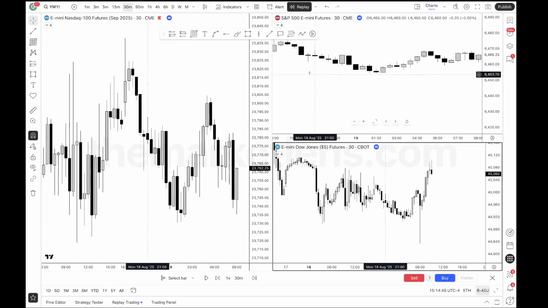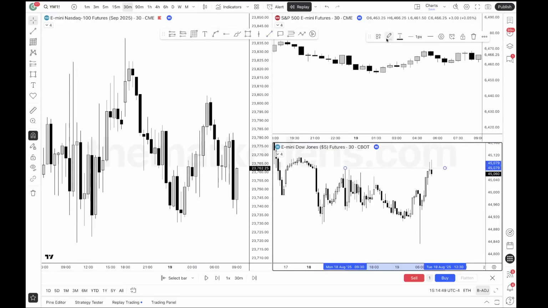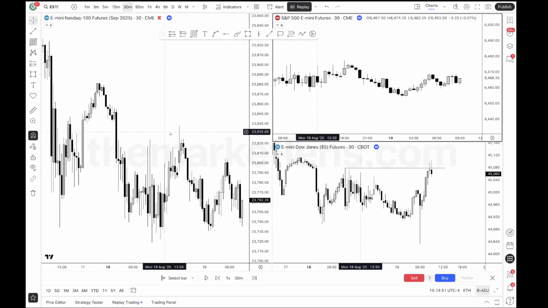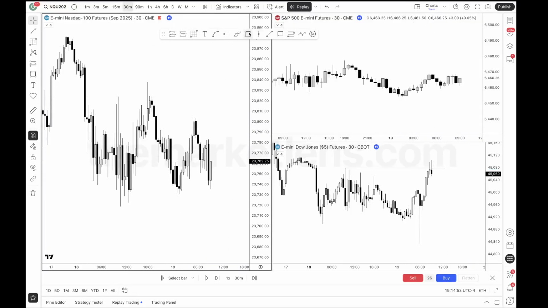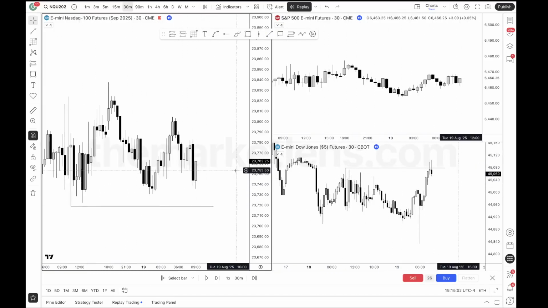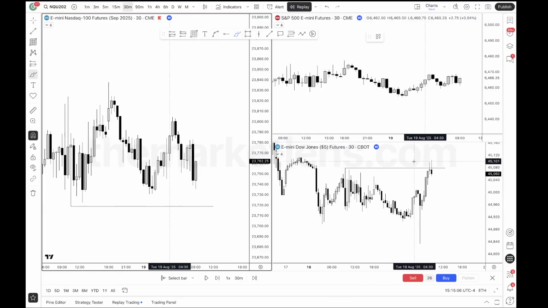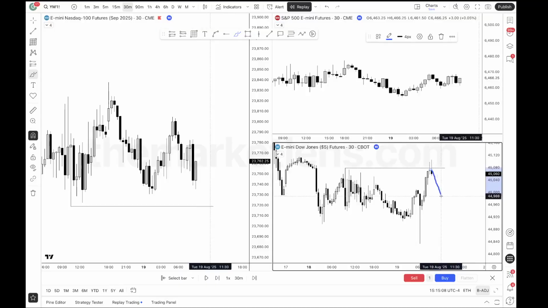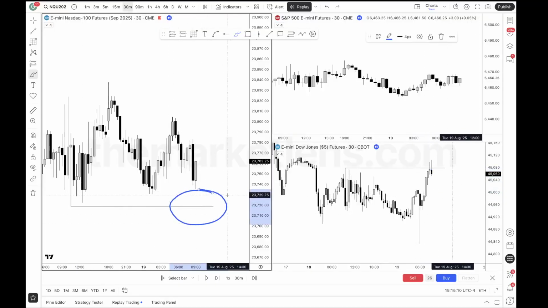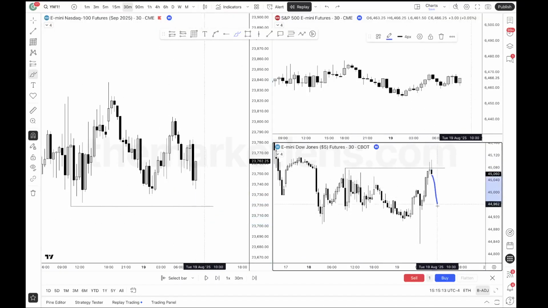YM is above a high, while NQ is in discount of that range, right? Where this asset has taken highs, this asset has lows to take. So we can assume NQ can expand to take out these lows while YM just retraces. Once this asset hits this low, we can look at YM and tell whether it's going to be a true reversal, or are we going to create a new high? It's as simple as that.